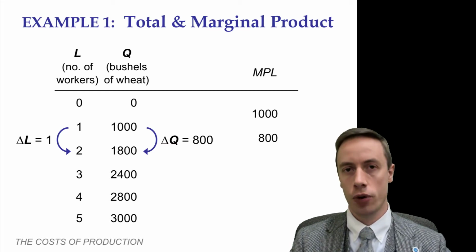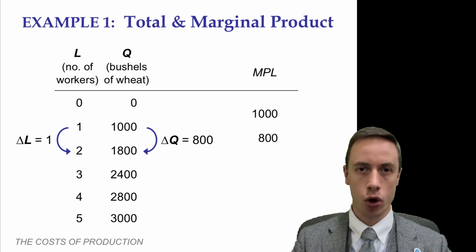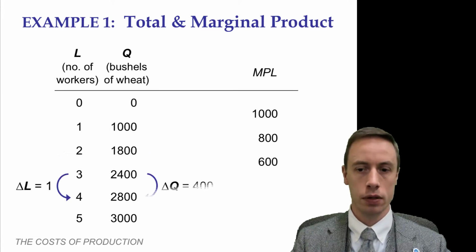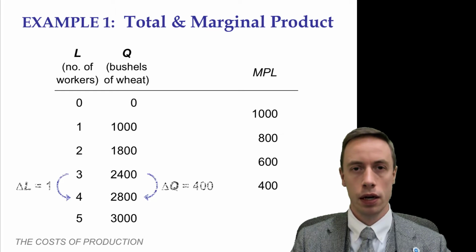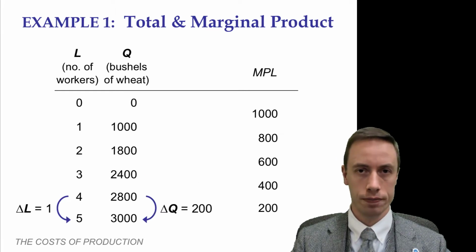So let's do that for the rest of the table. Every row obviously represents 1 additional worker, so we're always dividing by 1. But each additional worker adds less and less to output. The third one adds 600, the fourth one 400, and the final and fifth one 200 additional bushels of wheat.